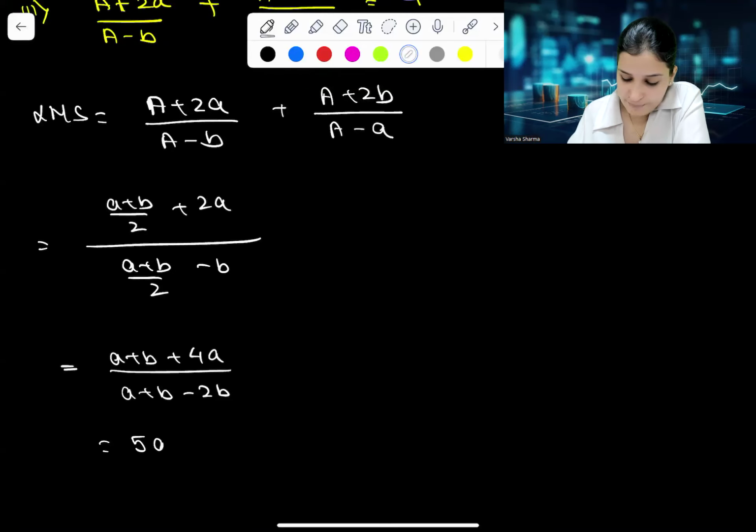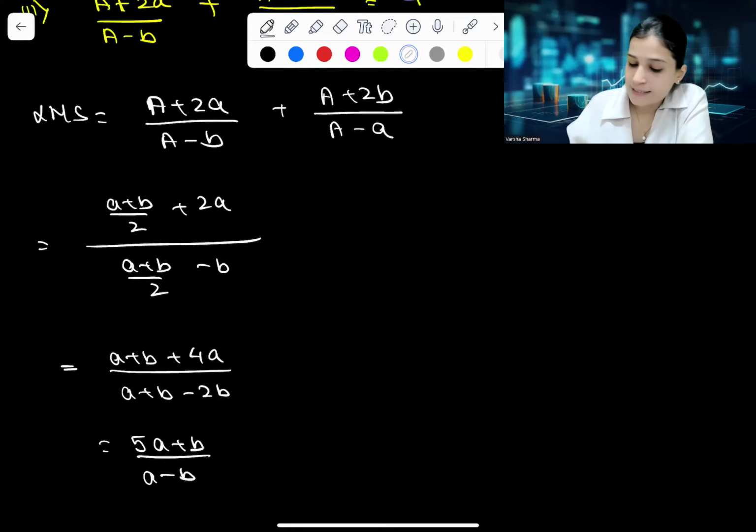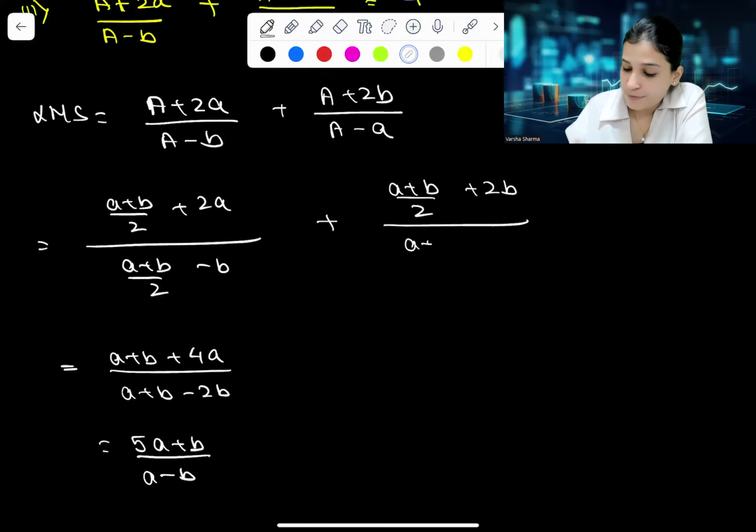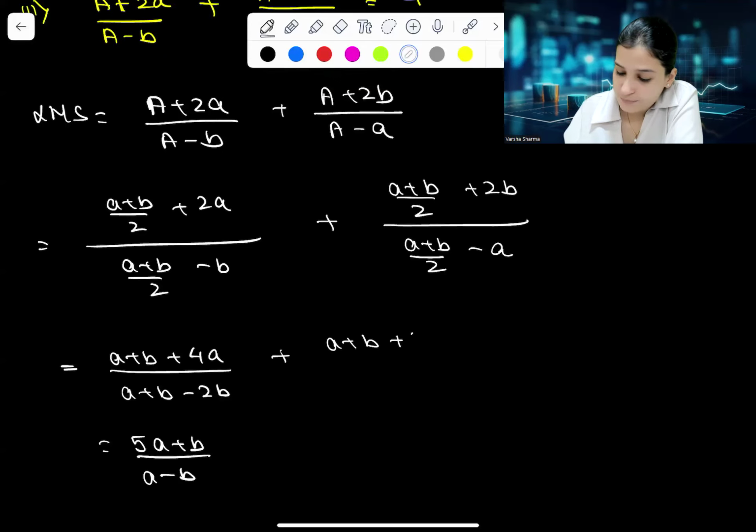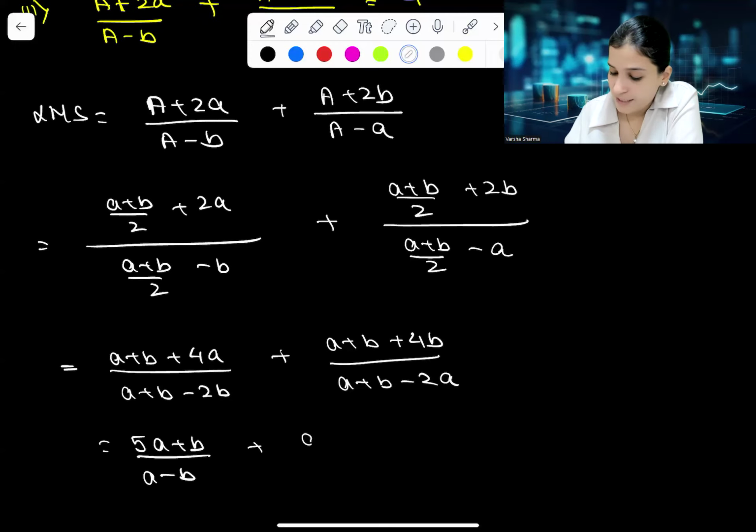So (5a plus b) by (a minus b). The second term: (a plus b) by 2 plus 2b, over (a plus b) by 2 minus a. Taking LCM, a plus b plus 4b, over a plus b minus 2a. So we have a plus 5b, over b minus a.